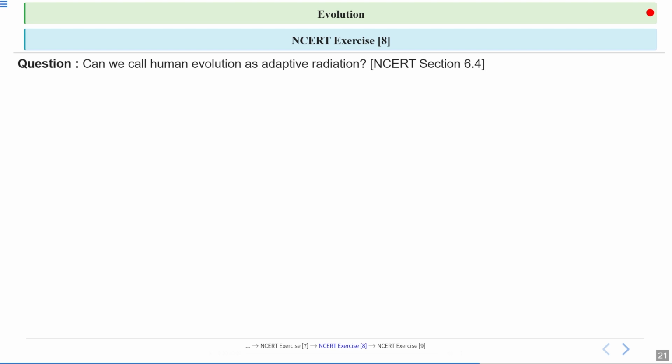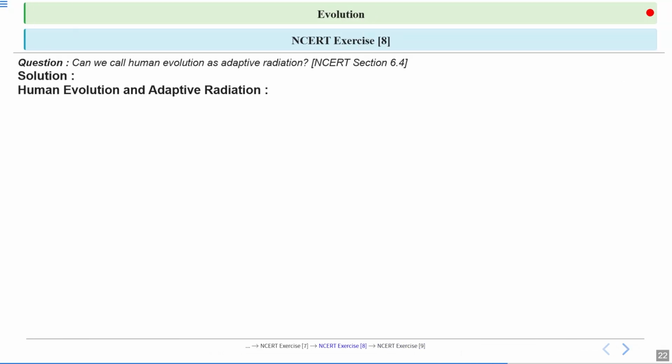The next question, can we call human evolution adaptive radiation? So let's discuss this question. Human evolution is not adaptive radiation, simply because adaptive radiation involves the rapid diversification of a species into many different forms to fill various ecological niches, but this is not observed in human evolution.